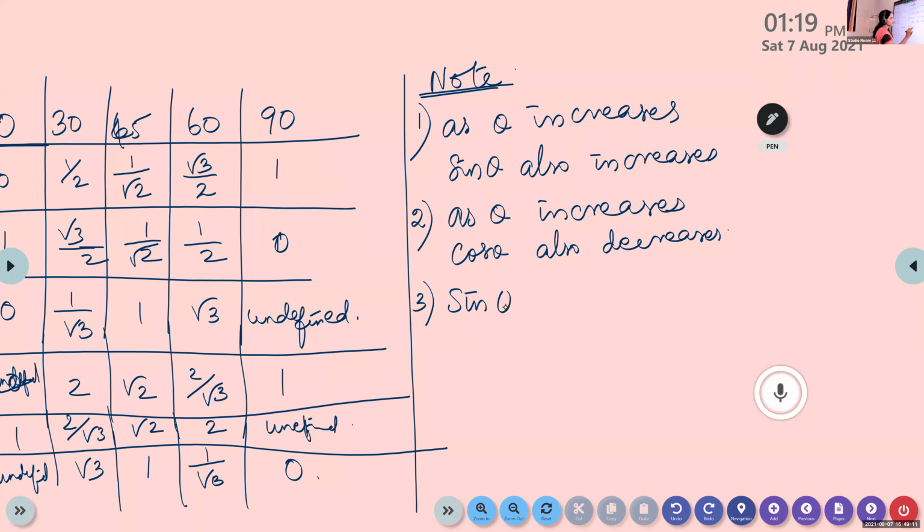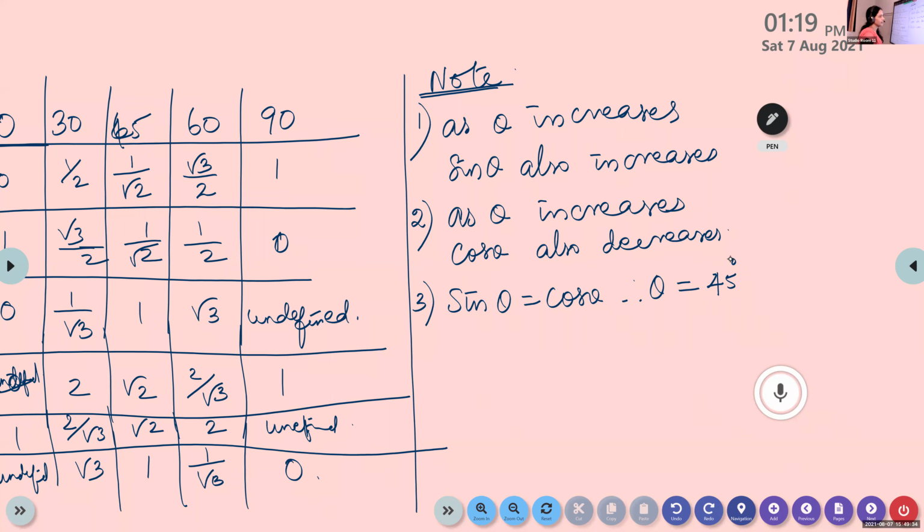Then sine theta is equal to cos theta. Therefore, what is the value of theta? Sine of some angle is the same as cos of that same angle. For which angle will you get the same? Look at the table and tell. 45. Very good.